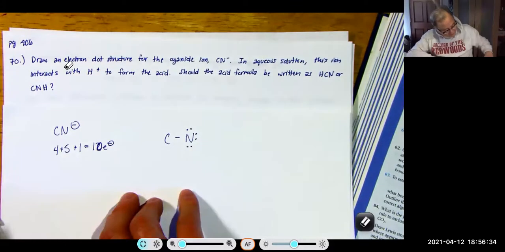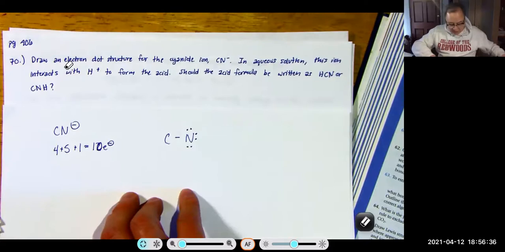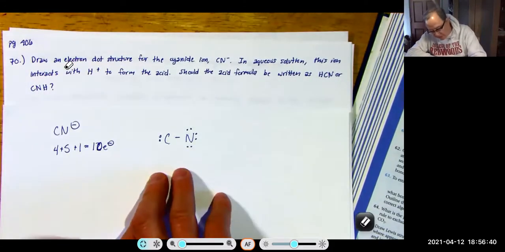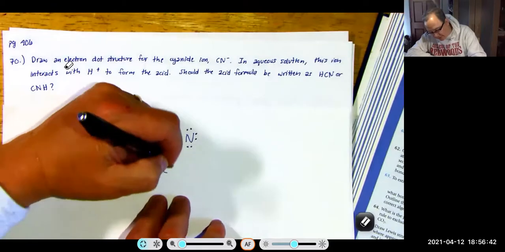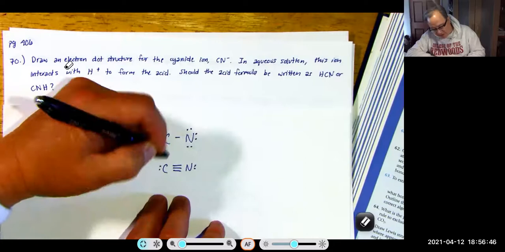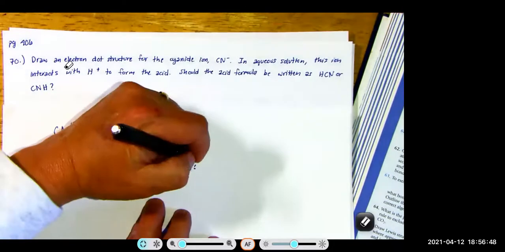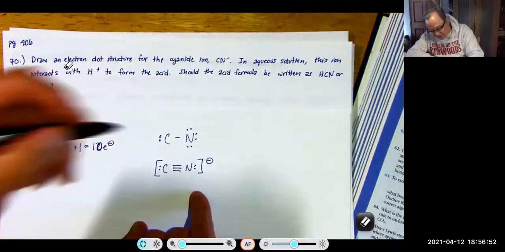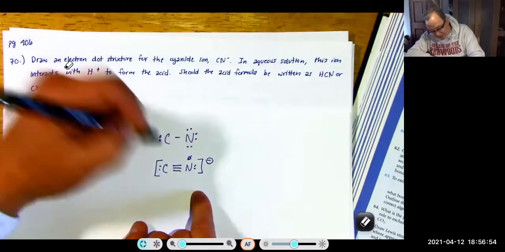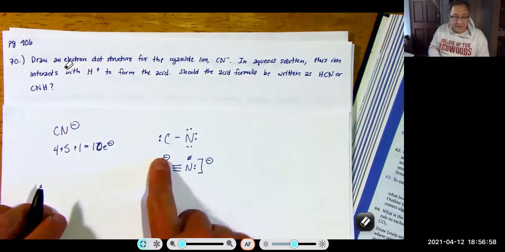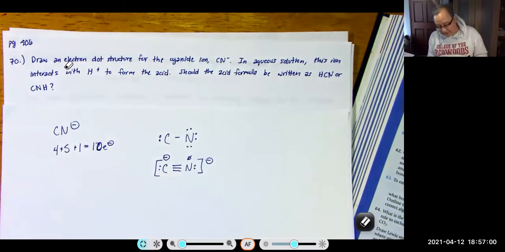And then we're going to put 2 more on carbon so that we have 10 total. The only thing that really makes sense is to make a triple bond and have lone pairs on both carbon and nitrogen. And here, this ends up being a 0, and this ends up being a -1. We would like the -1 to be on nitrogen, but there's no way to do it and get octets.